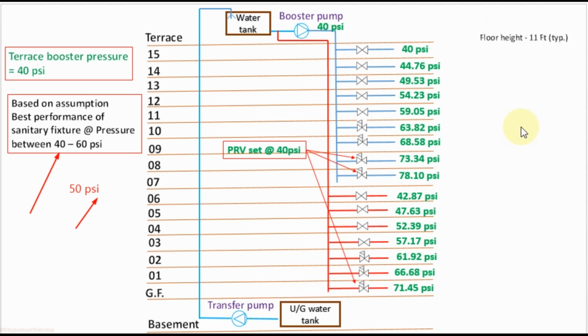For example, at the top floor we have some special fixture for which the minimum pressure requirement is 50 psi, not 40 psi. Then we will set the pressure for this branch at 50 psi, and we will select the booster pump to supply water at 50 psi, not 40 psi.